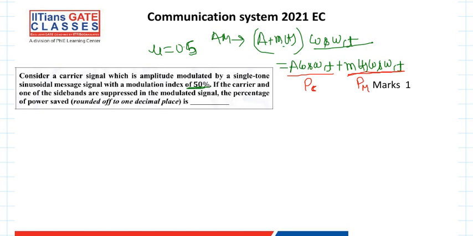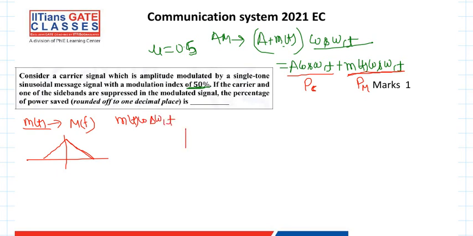Now, let's say we have the message m(t) and its Fourier transform is M(f), and let's assume that M(f) looks like this. If you take m(t) and multiply it with cos omega c t, the Fourier transform of this term will be something like this. This is the spectrum of m(t) cos omega c t.